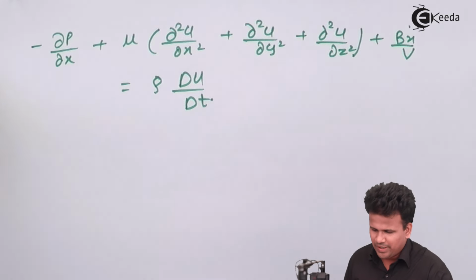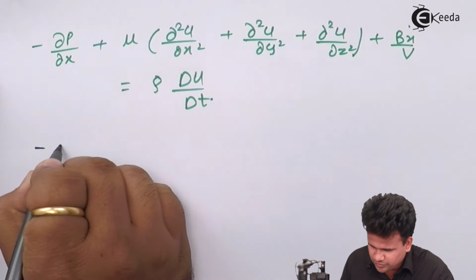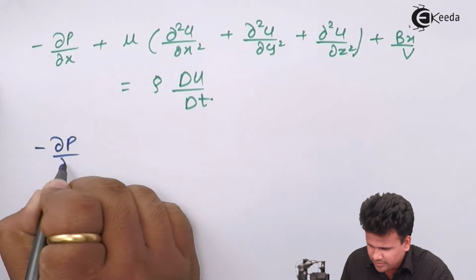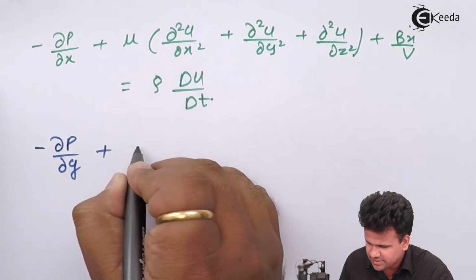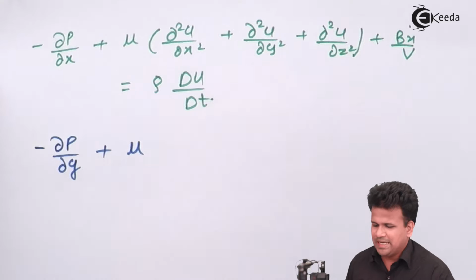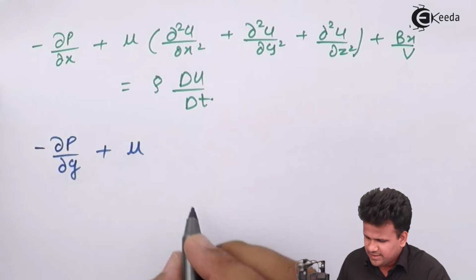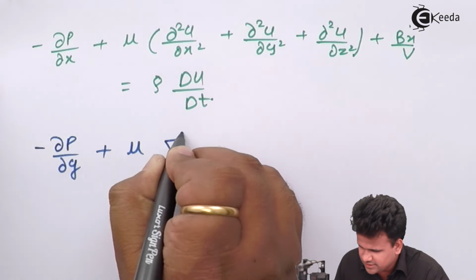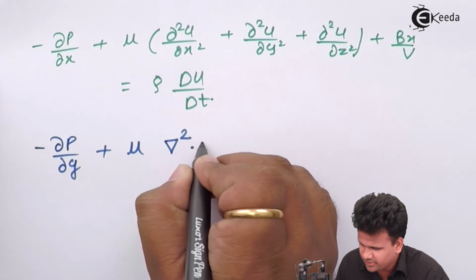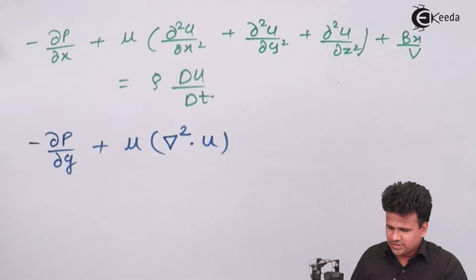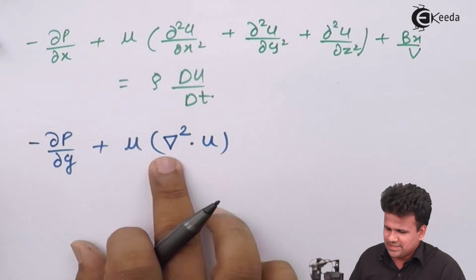Let us see along y direction. So this will be equals to minus dou p by dou y plus mu. This can be written as del square times the vector u. This is del square operator.